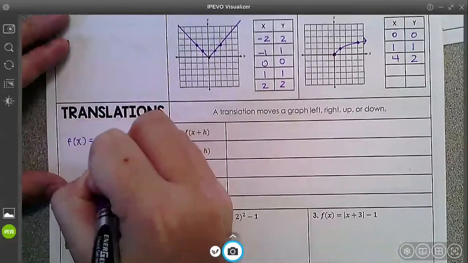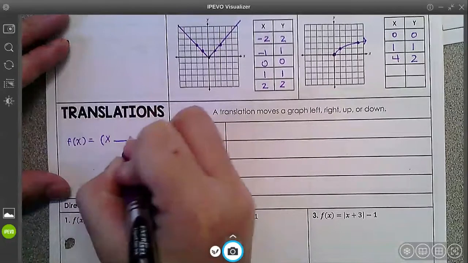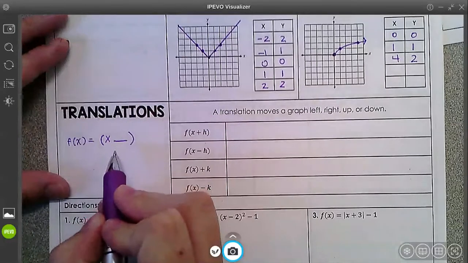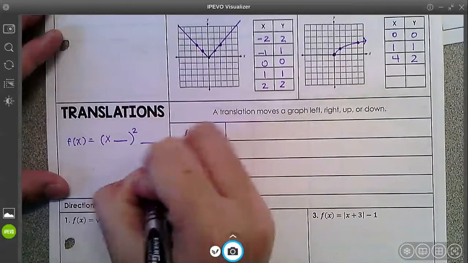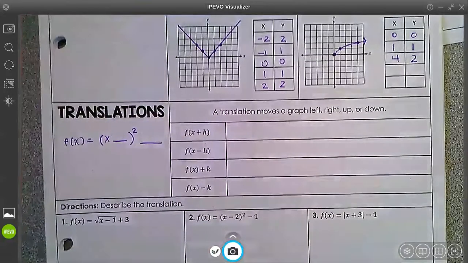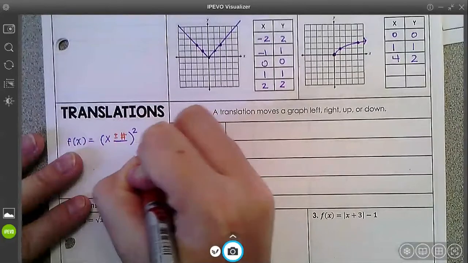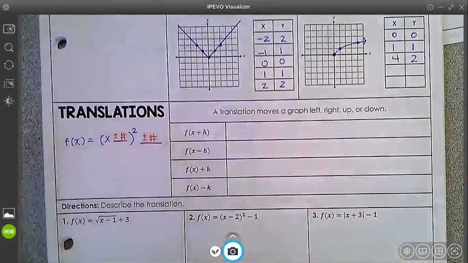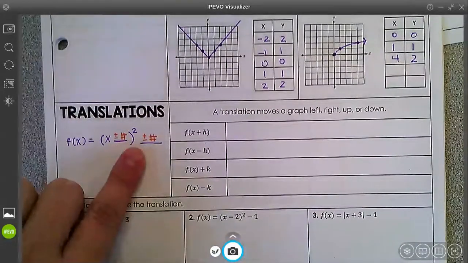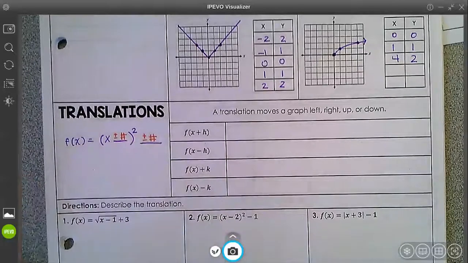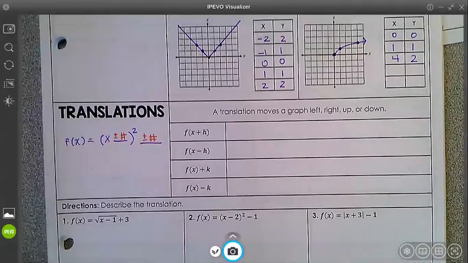I might have x plus or minus some number, squared, plus or minus some number. These would be a translation. Depending on if it's added or subtracted, and where that number is, we'll tell if it goes left, right, up, or down.